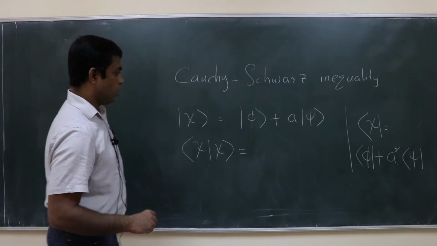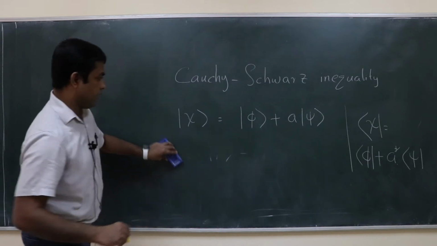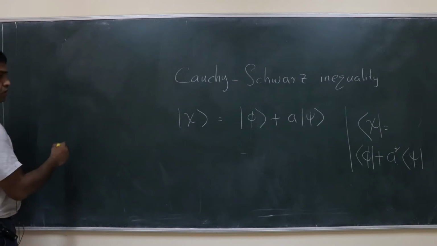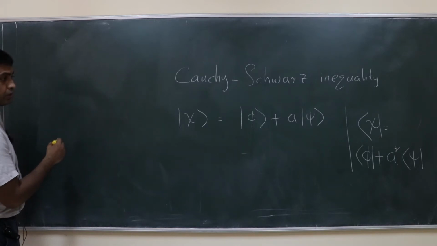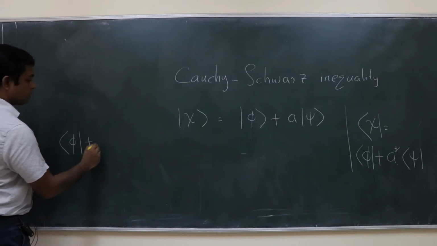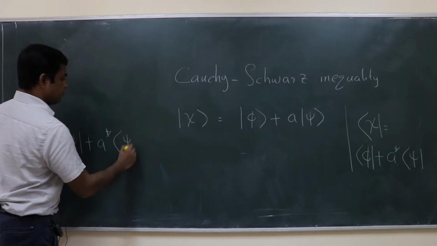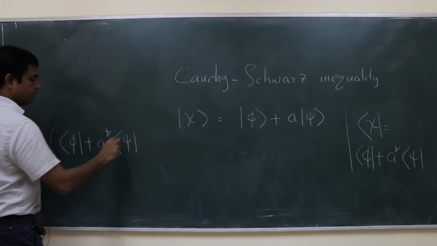Okay, so then I can write this down. I will do it explicitly. Some new students are also there in the class today, so let me explicitly do this. Bra phi plus a star bra psi, so that is bra chi.